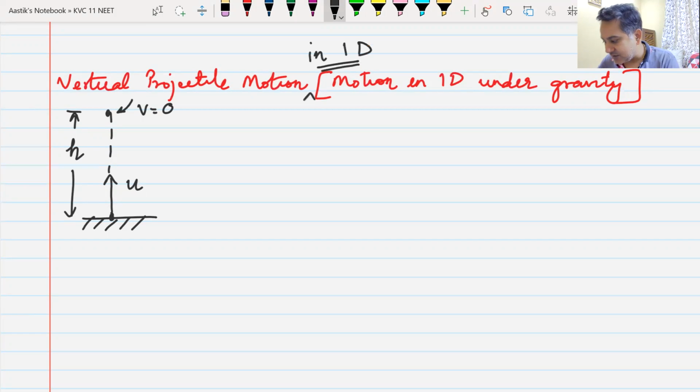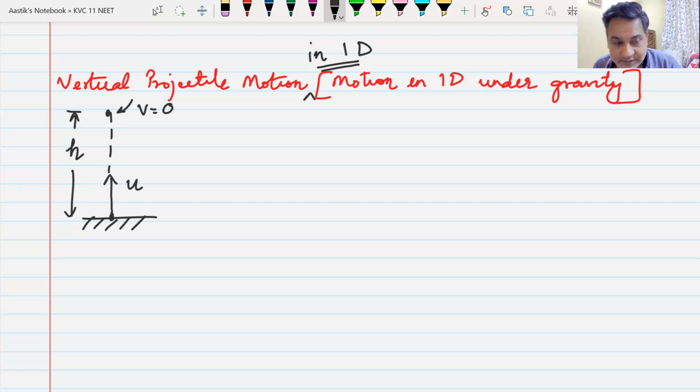Do we understand this, my dear friends? Vertical projectile motion can also be called projectile motion in 1D. Ball thrown up, coming down. From the top of a tower, ball dropped, coming down. From the top of a tower, ball thrown up, coming down. That is an example of vertical projectile motion.